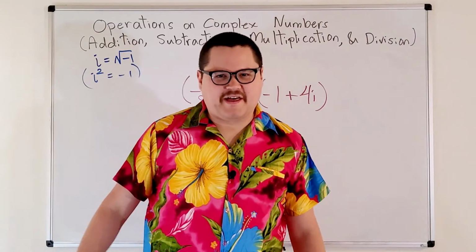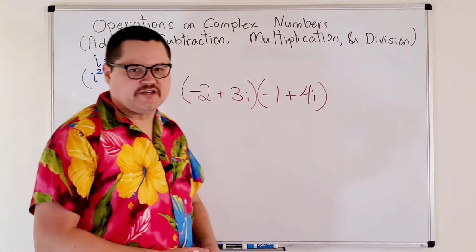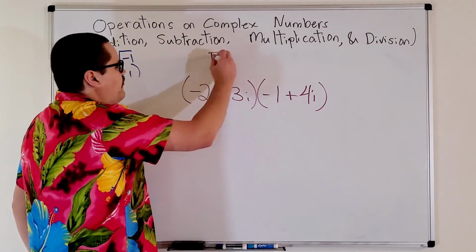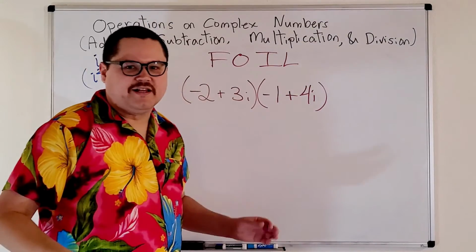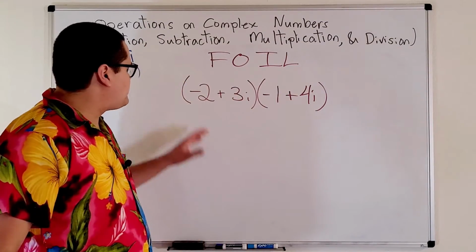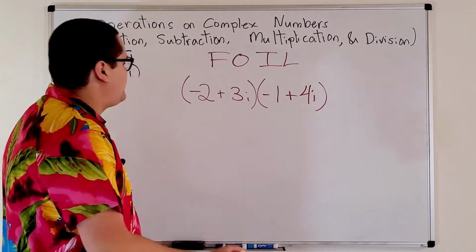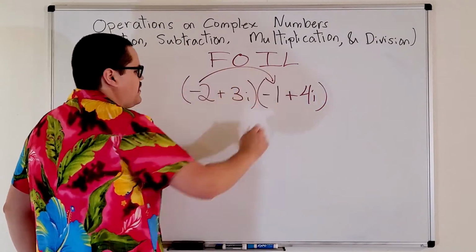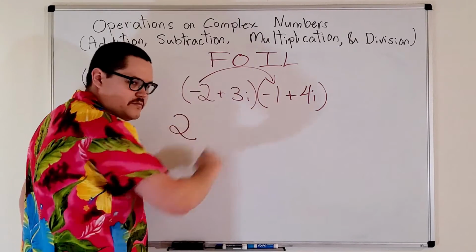Good news about that. That's easy too. Multiplication of complex numbers is just foiling. Remember FOIL? First, outer, inner, last. Let's do it. So let's suppose we have negative 2 plus 3i times negative 1 plus 4i. Negative 2 times negative 1 is positive 2. Those are the first terms.